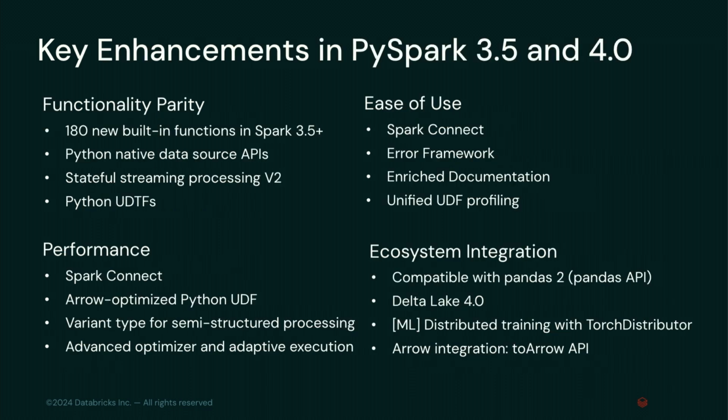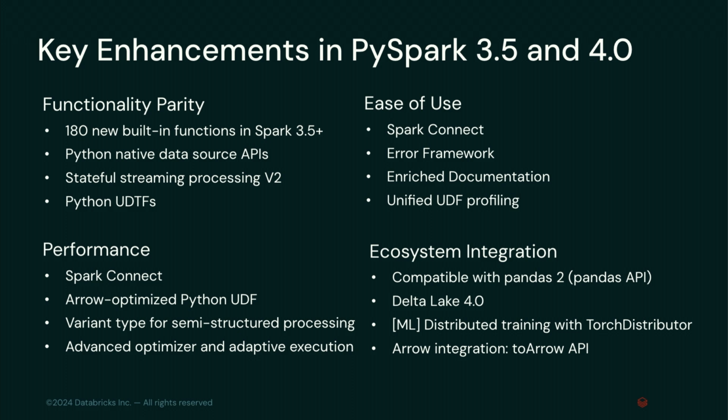So these are key enhancements in 3.5 and 4.0. We added 180 new built-in functions in Spark 3.5, and also added a native datasource API, the Python streaming state processing V2 API, and the UDTF. To make it easy to use, we added Spark Connect, the Arrow framework, documentation, and profiling tools. For performance, Arrow optimized UDF, variant data type, and more optimizer and execution improvements.